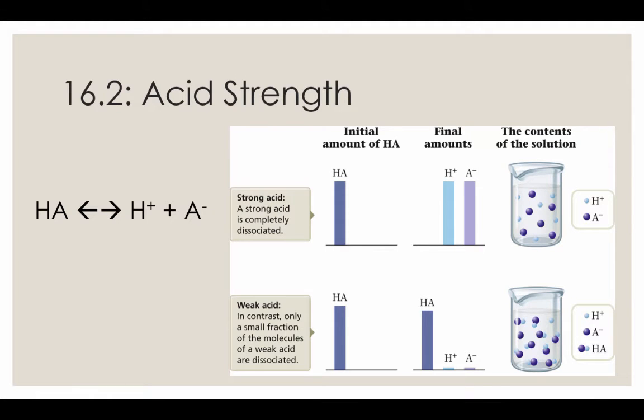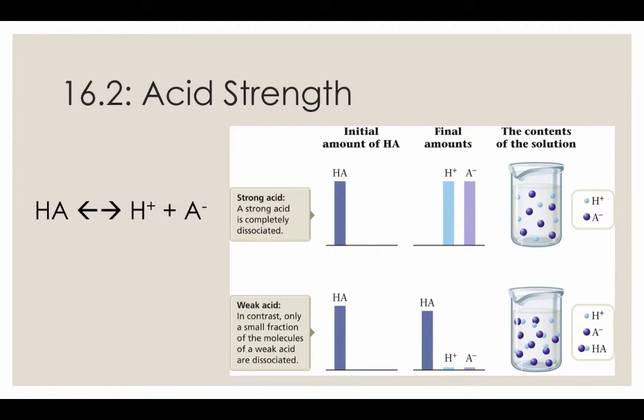One way to think about acid strength is in terms of degree of dissociation. Take this example here, where HA dissociates to form H+ and A-. When HA is a strong acid, it completely dissociates, meaning every single HA molecule comes apart to form H+ and A-, leaving no undissociated HA.